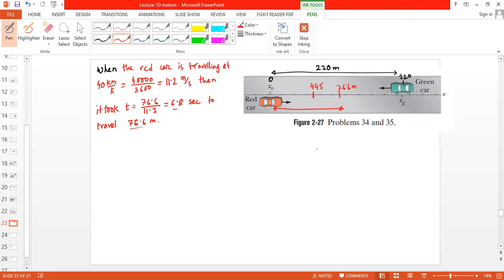And the green car, at the same 6.8 seconds, is traveling this distance, that is 220 minus 76.6.